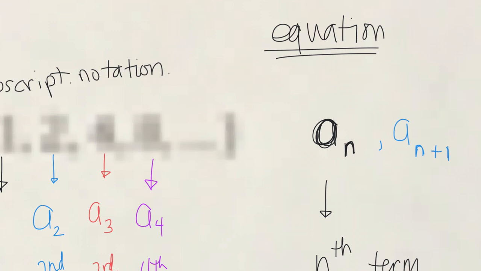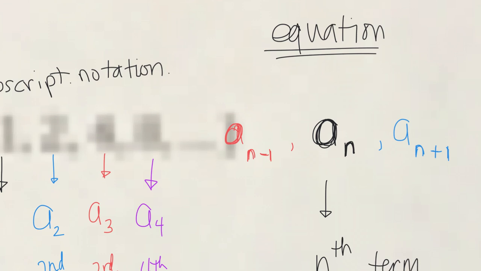If n plus 1 is a number to the right, how would we write a number to the left? A sub n minus 1. It's not a power, but the subscript n minus 1. And then n minus 2 would be 2 terms ago. Or n plus 2 is how old you're going to be 2 years from now.